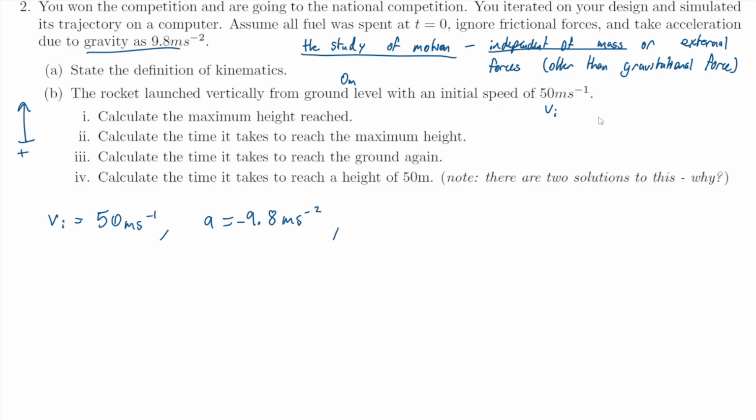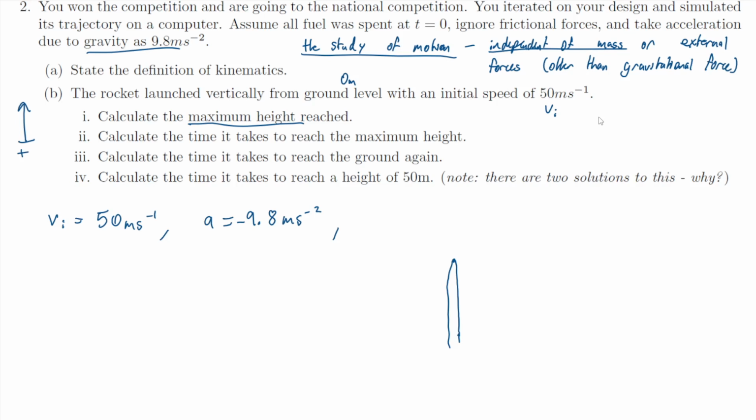What else? Nothing else really given, right? Well, it's asked for the maximum height, and there's a property of the maximum height. So it goes up, reaches its maximum height, and turns back down. So for that moment, that split second, its speed is actually 0.